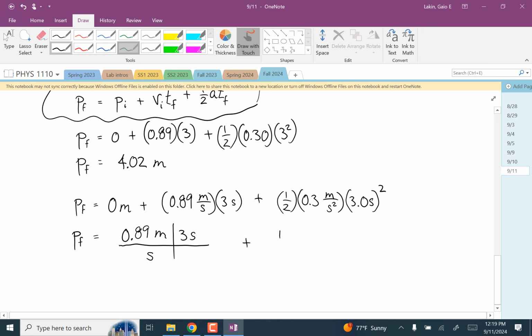And then we can add that to 1/2 times 0.3 meters per seconds times seconds times 3.0 seconds. And then we're squaring that, so multiply it by 3.0 seconds again.